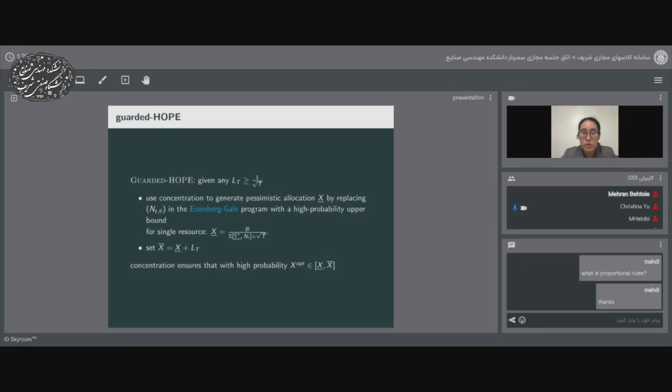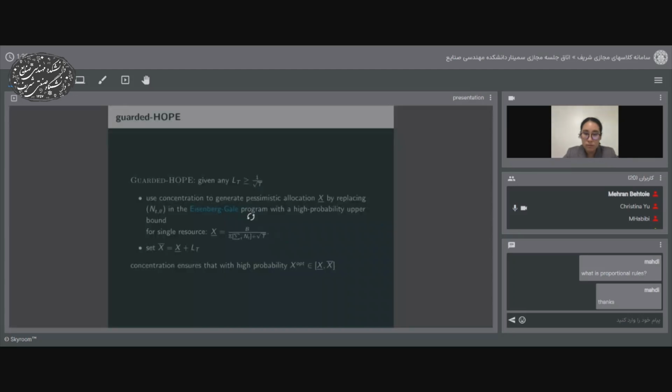You need to show some sensitivity properties of the solution: if I solve the Eisenberg-Gale program with different values of the demand, and the demands are very close, then the solution also ends up being close. That's one key property you need to show in order to guarantee that, by playing according to the upper guardrail and lower guardrail, the algorithm does indeed satisfy the bound on the delta MV.